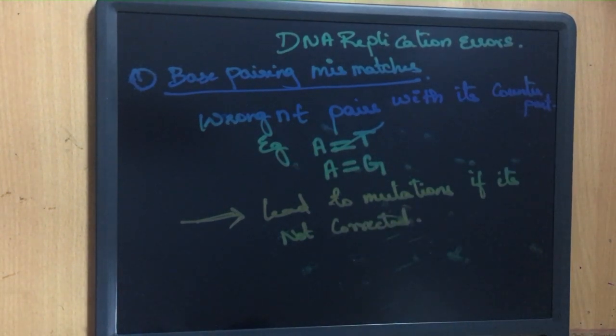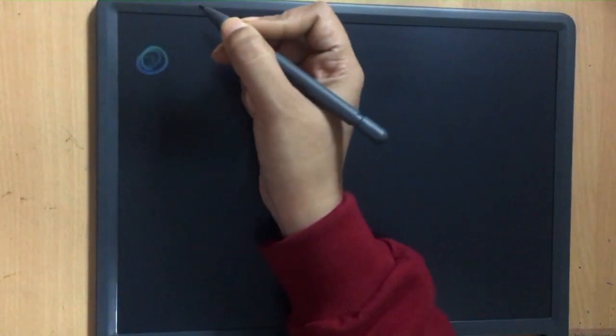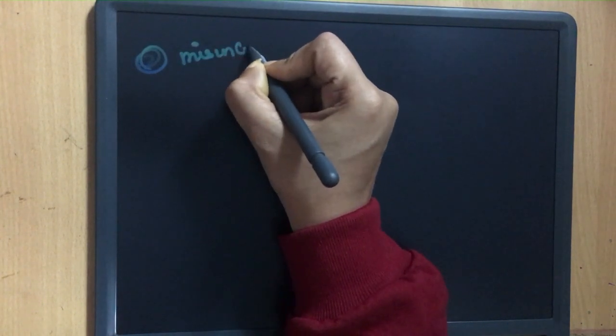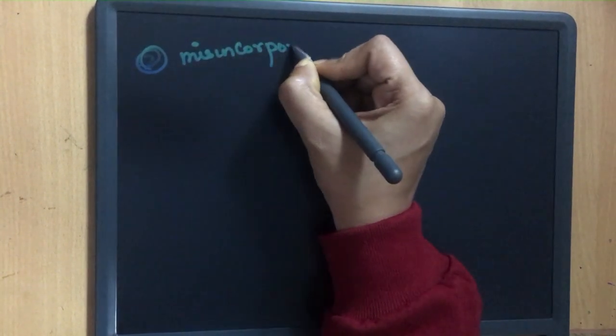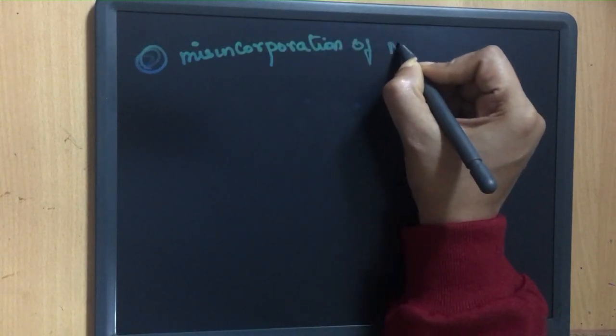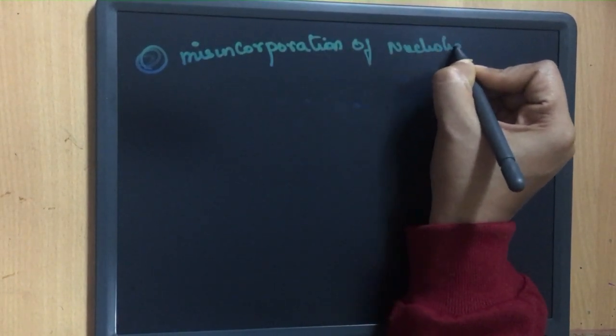Okay, now let's look into the second type. The second type is misincorporation of nucleotides.